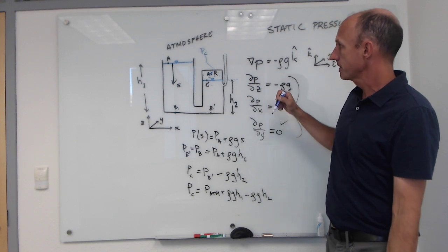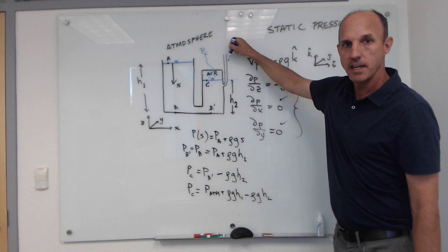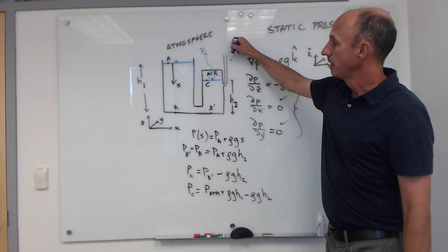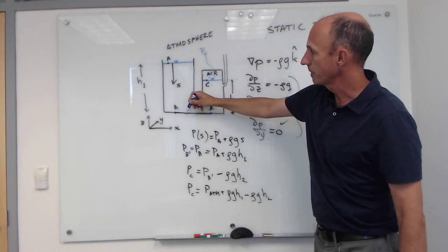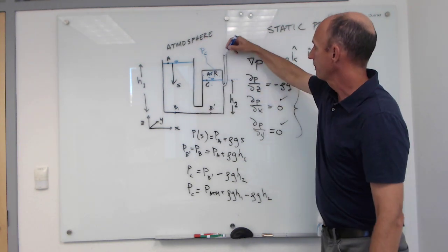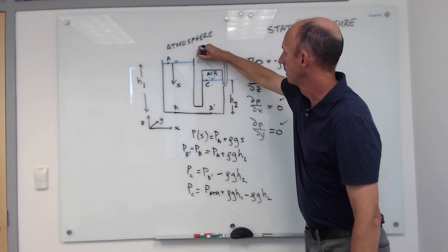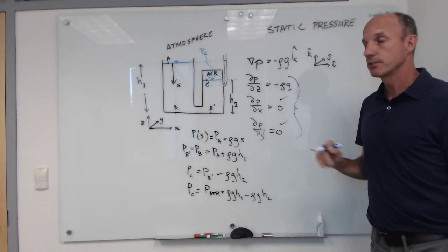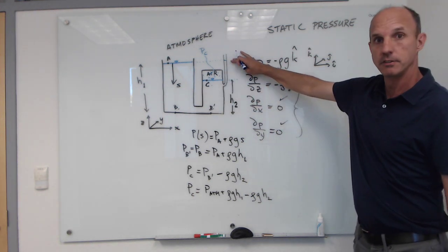Since this is a static system, wherever the interface is located will have an atmospheric pressure. And because if we go down, pressure increases, and we go back up, pressure decreases, in order for the pressure to come back to atmospheric, the water level has to be right here, even with the other side. So a manometer, if it was attached to this tank, would rise up to this level.